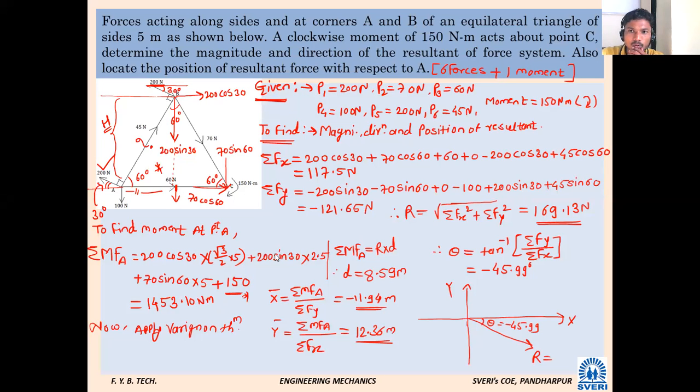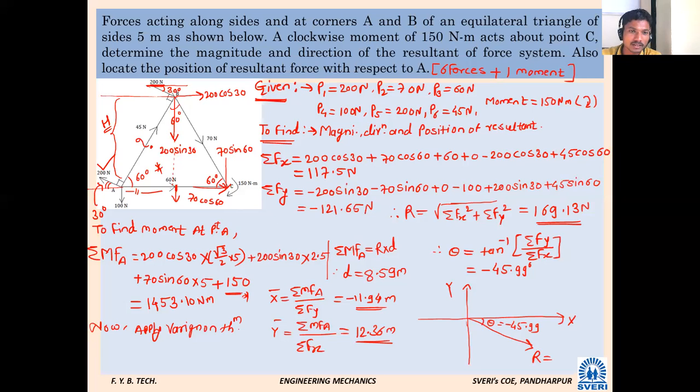Okay. There was a moment. Whether we have considered this moment while calculating summation Fx and Fy? No. It is very important.